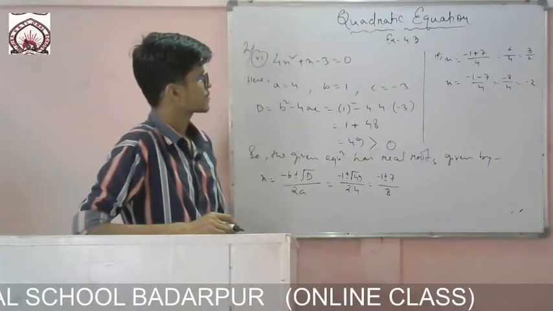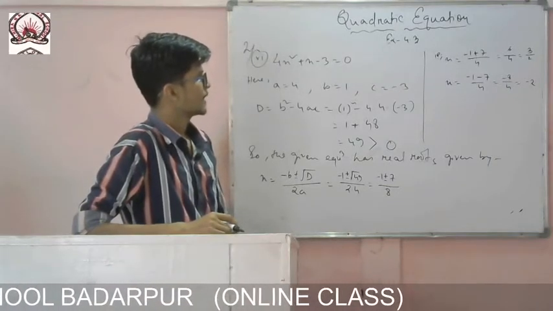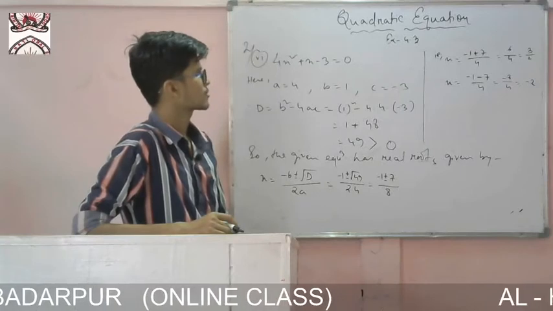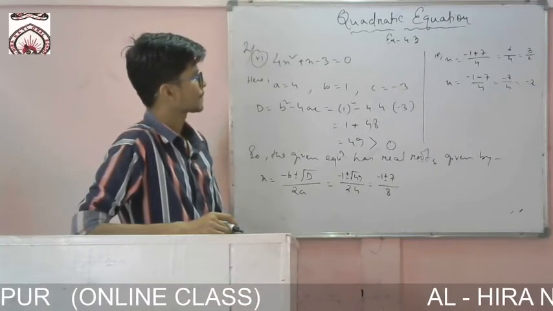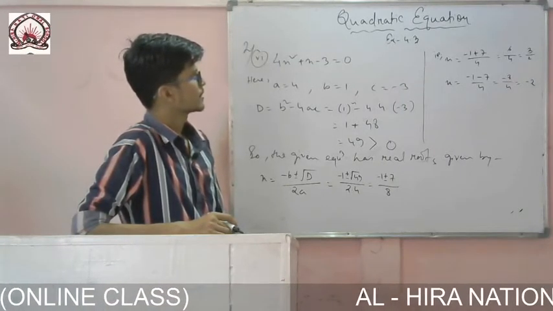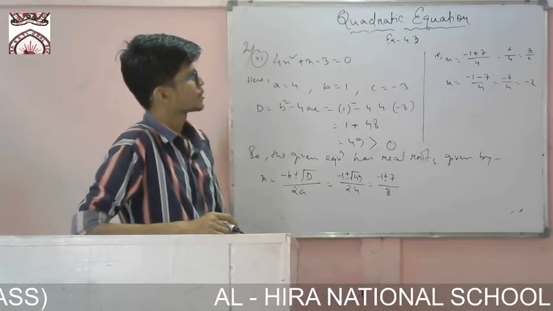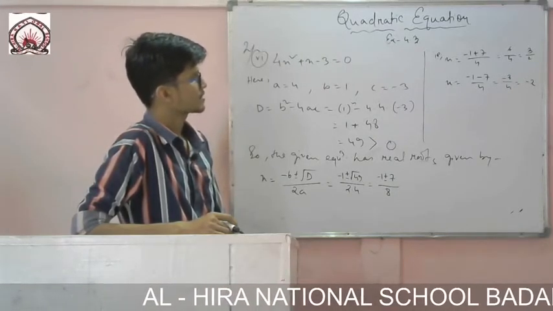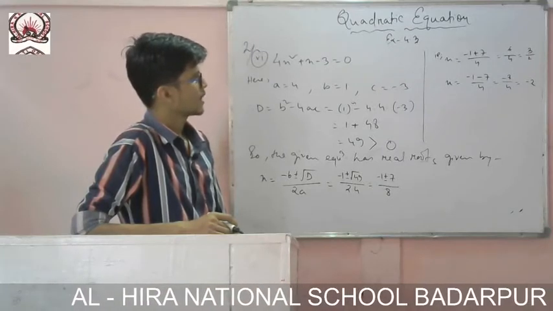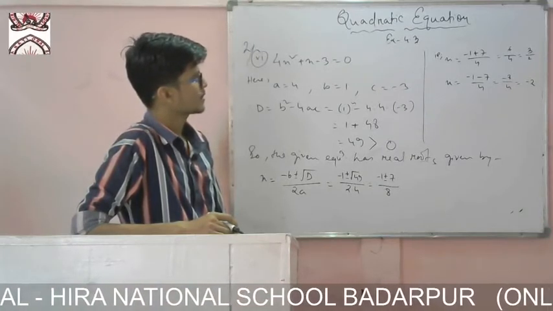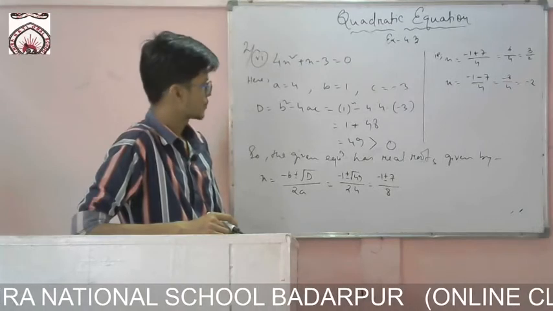So minus 1 minus 7 it is minus 8, minus 8 by 4 it is minus 2. And minus 1 plus 7 it is 6 by 4. So 2 3s are 6 and 2 2s are 4. So one is coming 3 by 2, another one is coming minus 2.